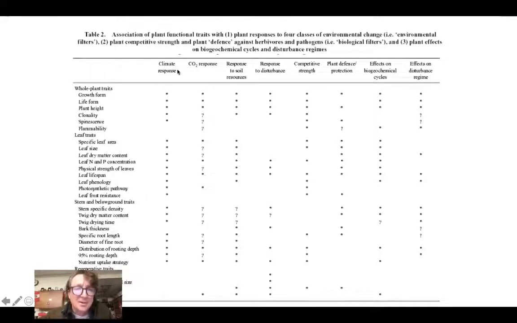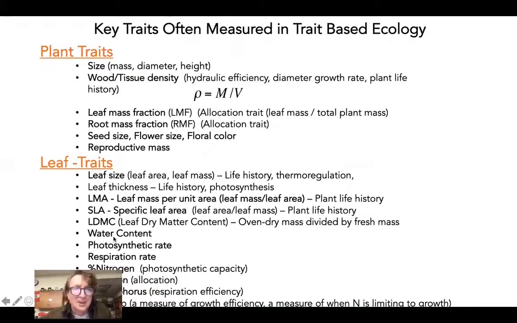That is how, for example, plants may respond to climate, or respond to CO2, or respond to soil, or respond to disturbance, or your competitive strength, or your plant defense, and so on. There are all these different traits that have been shown to make these linkages, that is, reflecting these different ecological or evolutionary processes. So depending on your types of questions, some traits may be more linked than others.